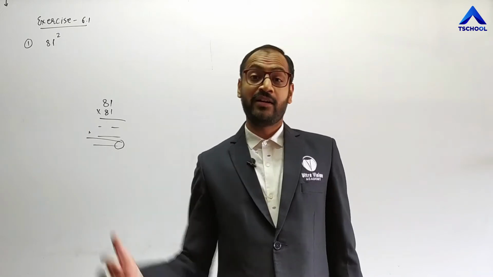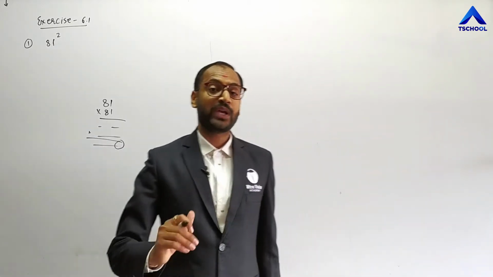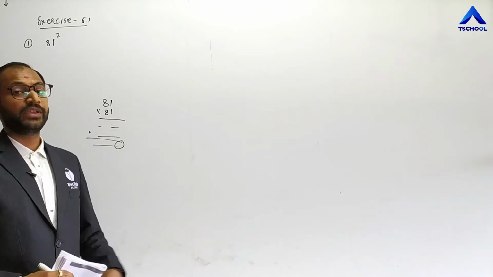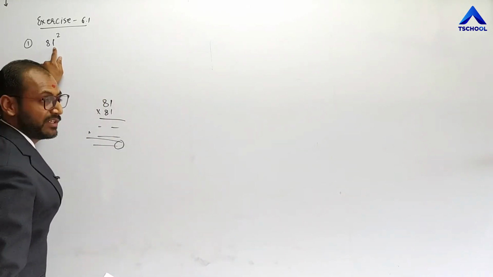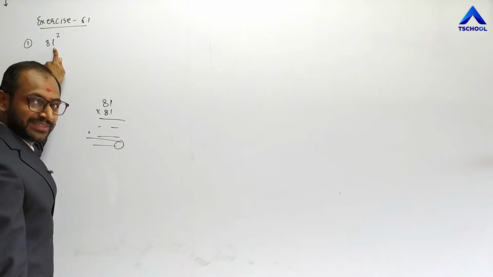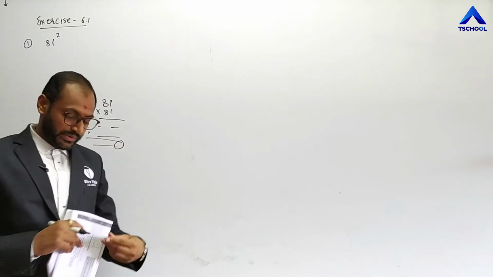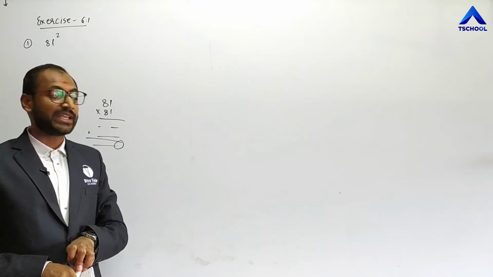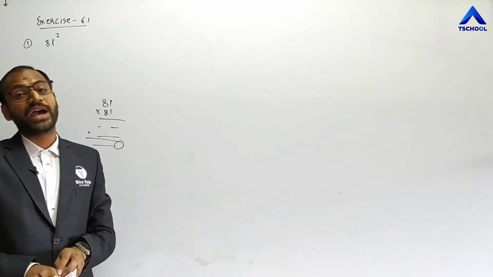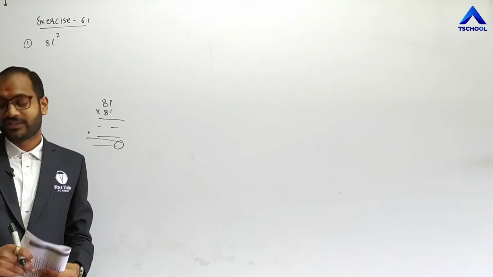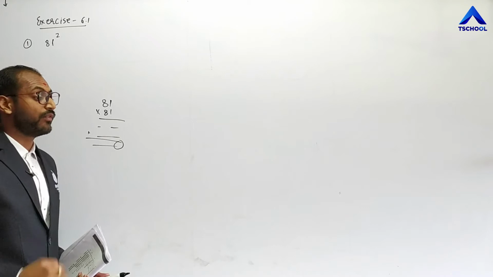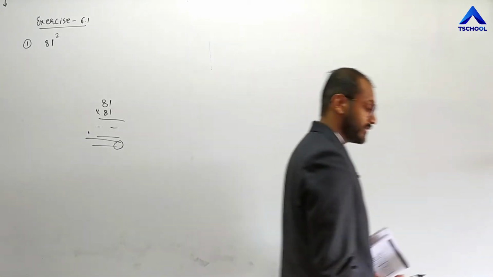But we have learnt how you can obtain the unit digit by observing only the unit digit of the given number. So here the unit digit is 1. So what is the unit digit of the square of this number? What is the square of 1 only? Square of 1 is 1.